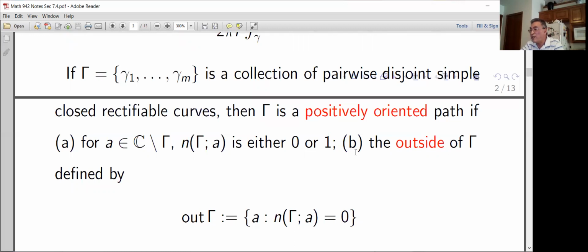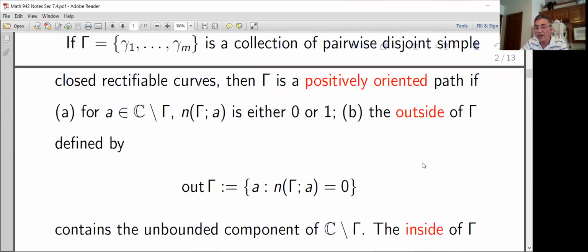So condition B is that the outside of gamma contains the unbounded component of C minus gamma. Gamma is a path, so in particular it is a compact set. For a compact set, C minus gamma is an open set.